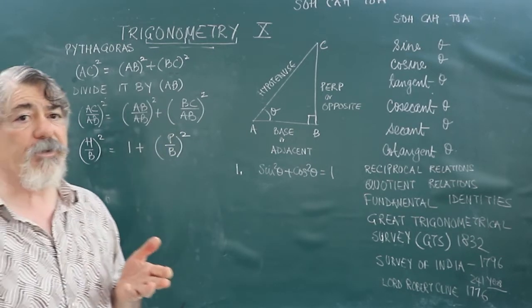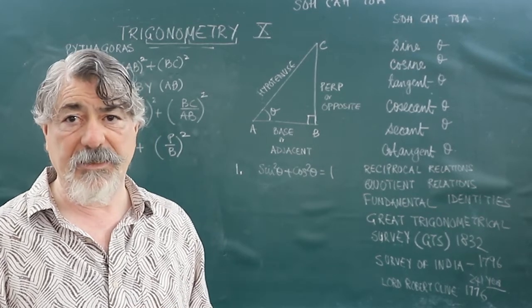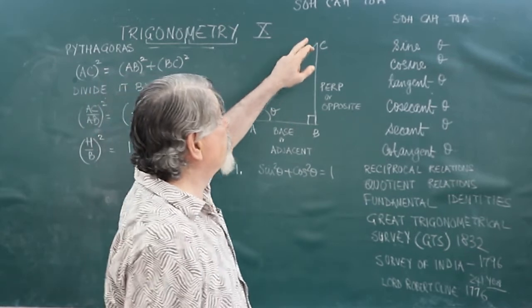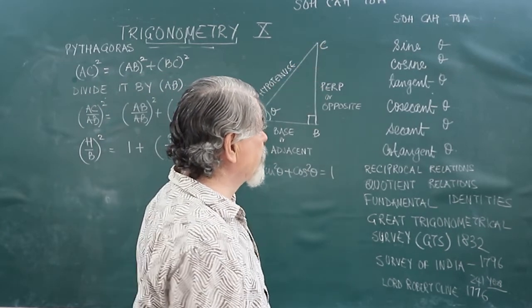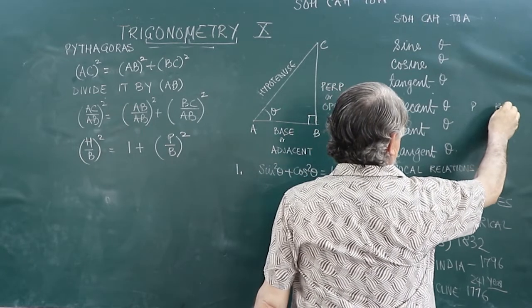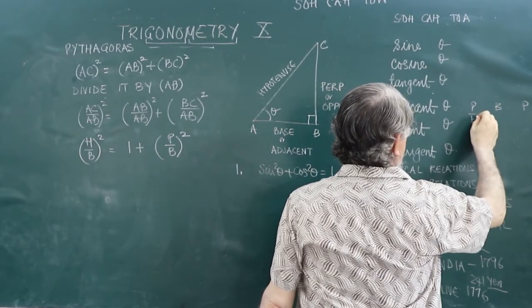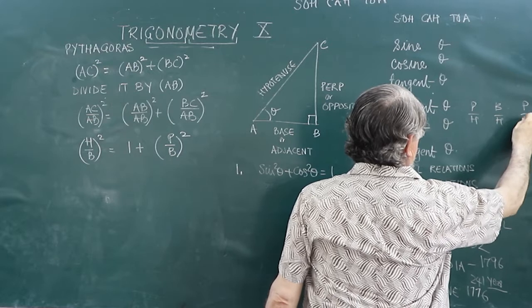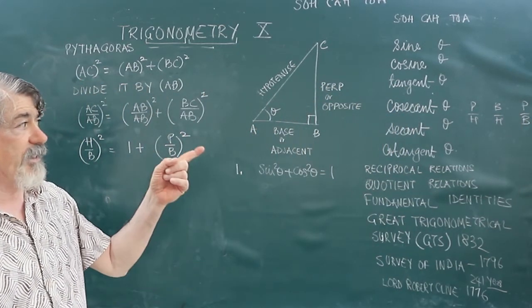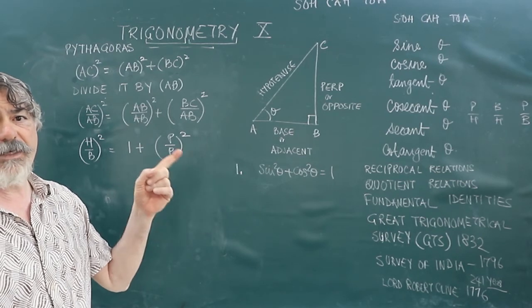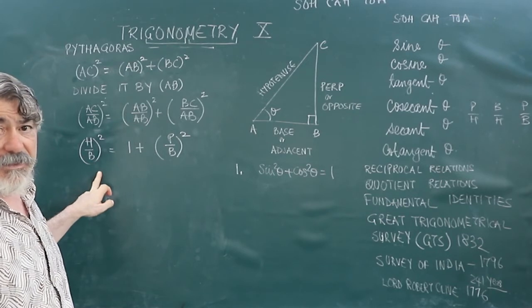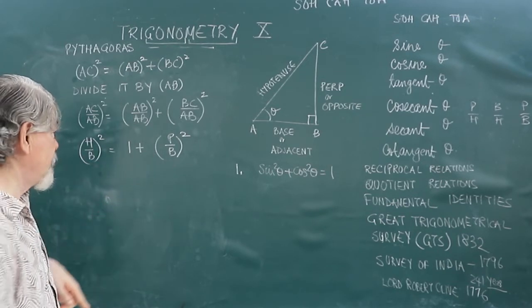Now base upon hypotenuse is cos theta. Opposite of this is hypotenuse upon base, and the opposite of cos is sec.